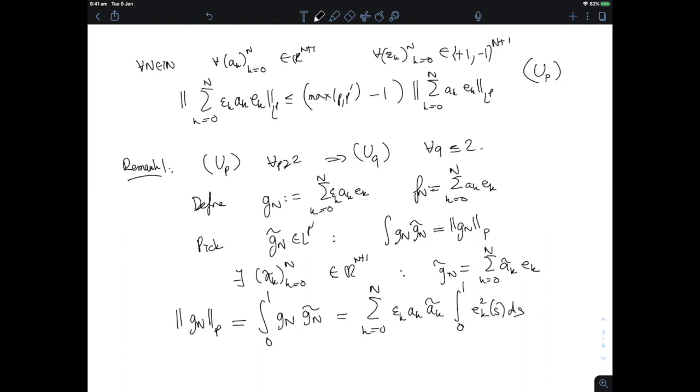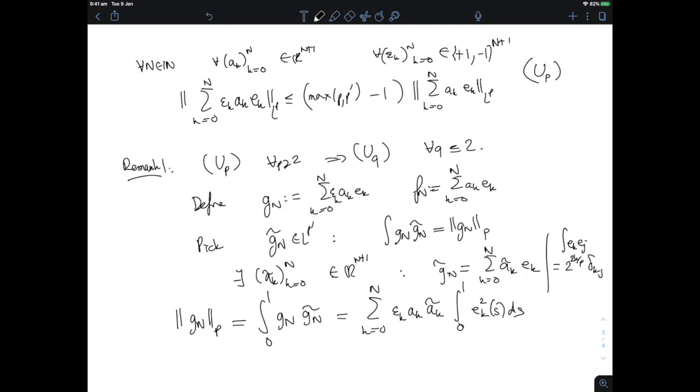And that's because, again, let me remind you here that the integral of ek ej is delta kj by the construction of the basis. So, right, if they have disjoint support, then of course the integral is 0. If they are the same, then the integral is actually not delta kj, because I've normalized things to have norm 2k upon p, so this is 2 to the 2k upon p times delta kj.